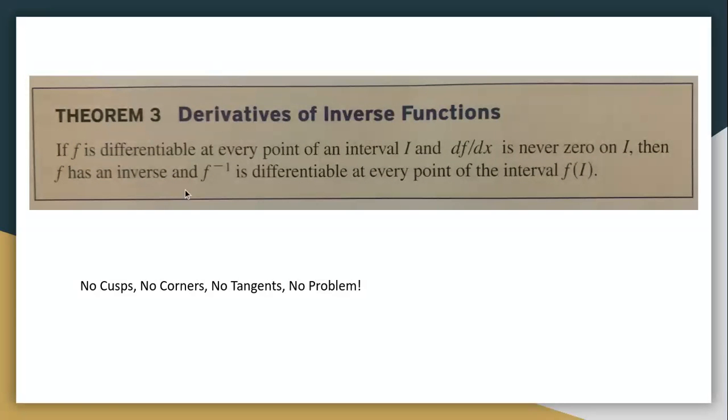So then the inverse would be differentiable on the interval f of I, meaning we go from f of A to f of B. Because, yet again, it's no longer x equals A to x equals B, because our inverse doesn't have x as inputs, but rather f of x. So it's from f of A to f of B. So that's what this theorem means.